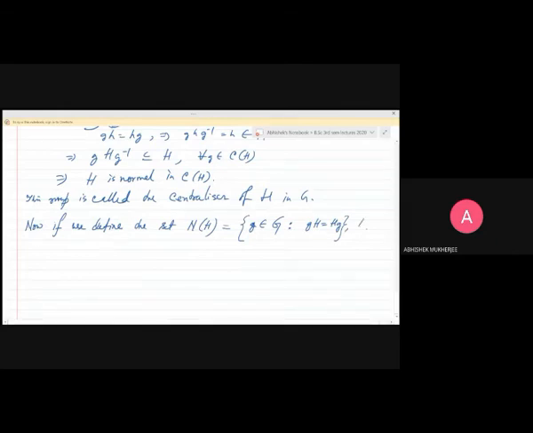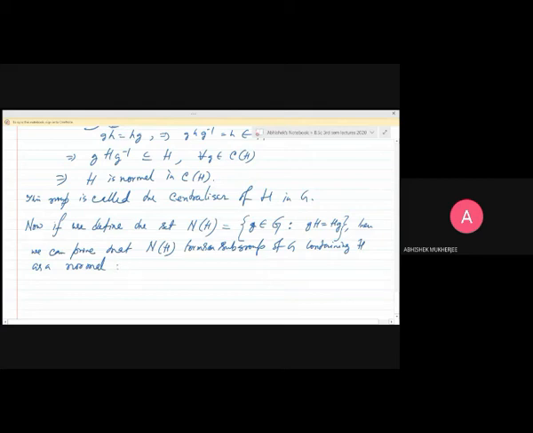Then we can prove that N(H) forms a subgroup of G containing H as a normal subgroup, right?